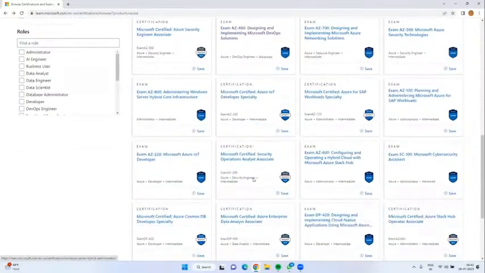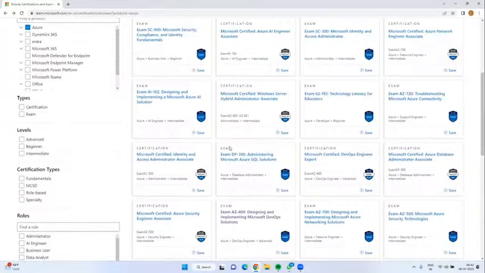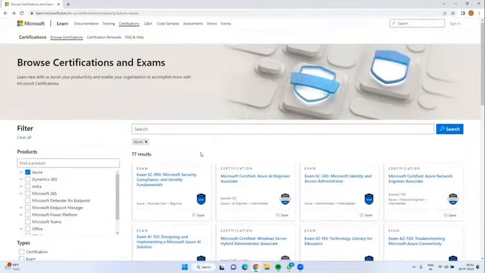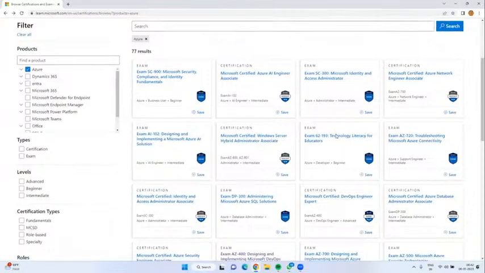So we have artificial intelligence, administrator, developer, architect, data engineer, machine learning, cyber security. All different types of certifications are there. Based on your requirement, you can proceed, learn the technology and get certified.